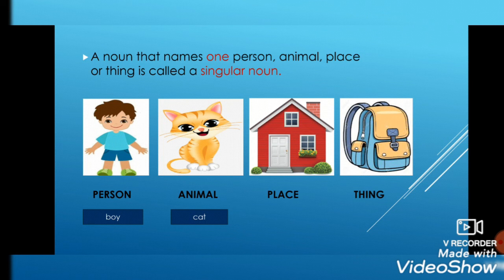In the third picture, we can see a house. So the house is a singular noun that tells about one place. And in the last picture, we can see a bag. So the bag is a singular noun that tells about one thing.